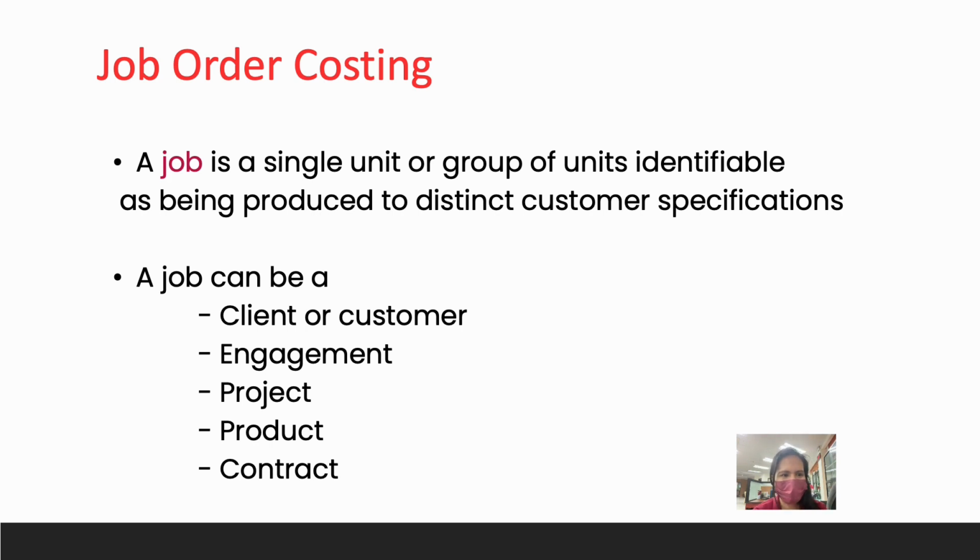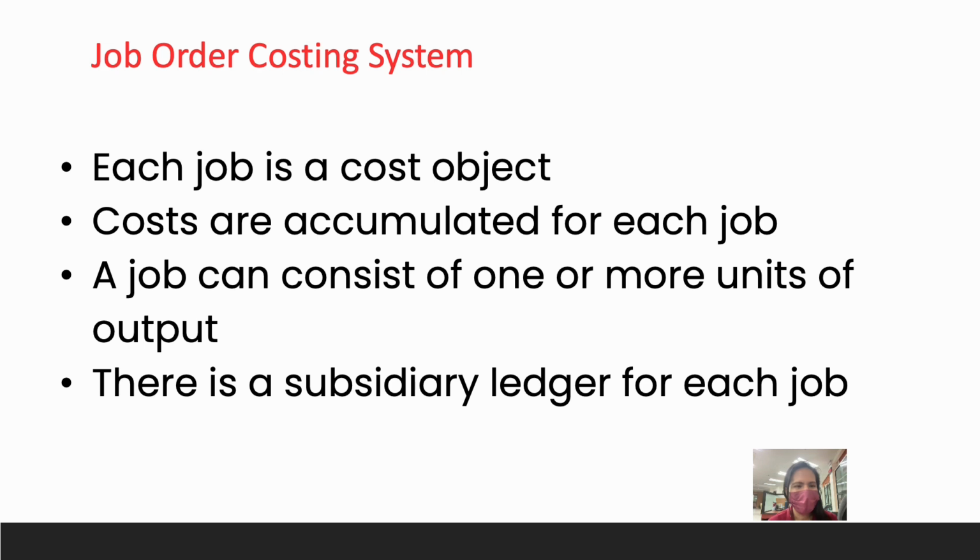In job order costing, a job is a single unit or group of units identifiable as being produced to distinguish customer specifications. So a job can be a client or customer, an engagement, a project, a product, or a contract. Each job here is a cost object, and costs are accumulated for each job. A job can consist of one or more units of output, and of course we need to have a subsidiary ledger for each job.